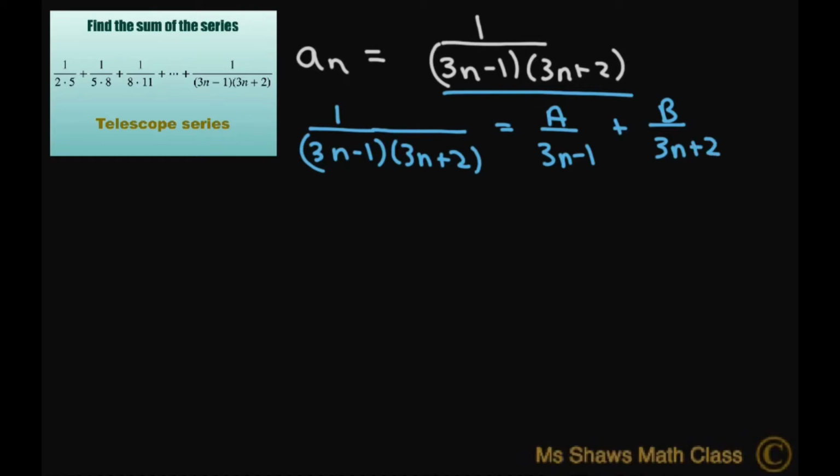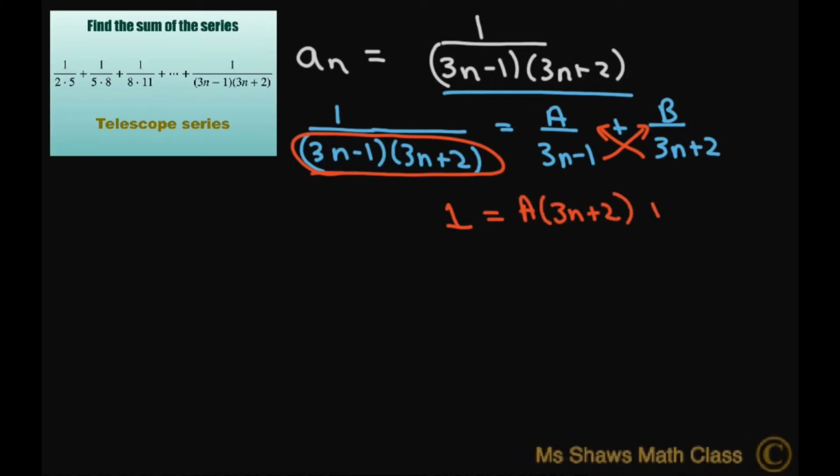When you clear the fractions, multiplying everything through by the denominator, you get 1 equals A times 3n plus 2 plus B times 3n minus 1.